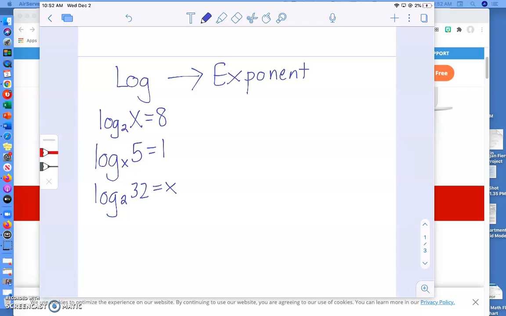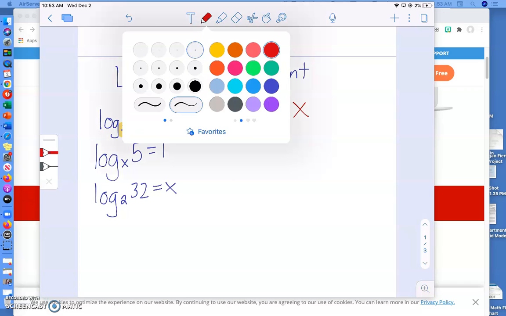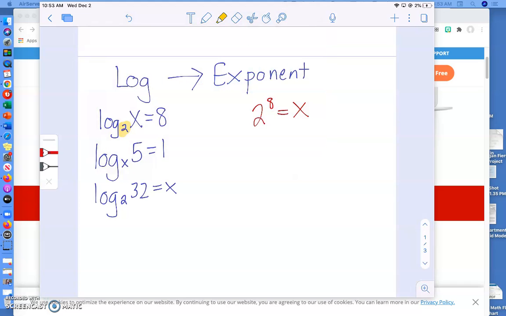So that base is that small number. If we were to rewrite these as an exponent, I always say, what's our base? Our base is 2. So 2 to the 8th equals x. And it switches sides, or a log solves for the exponent. So what it's solved for becomes our exponent. The next one, what's our base? It's x. So x to the first equals 5, because a log solved for our exponent. And our base again here is 2, so 2 to the x equals 32.